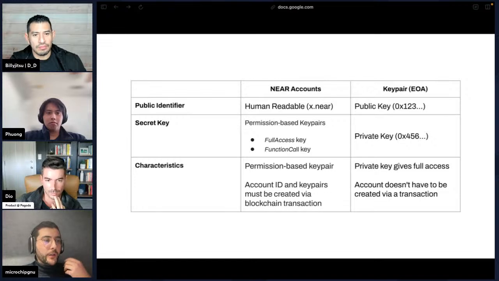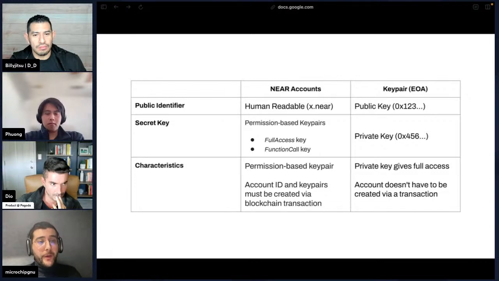Each account uses multiple key pairs, and each key pair has a different set of permissions. You have full access keys and function call keys. Full access means this key pair can sign any transaction with an account and has full access to the account. A function call key would have a set of permissions, let's say just running a certain number of methods in a contract. And that's pretty much it.